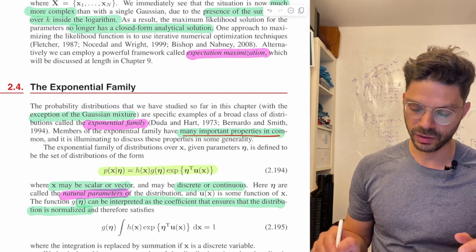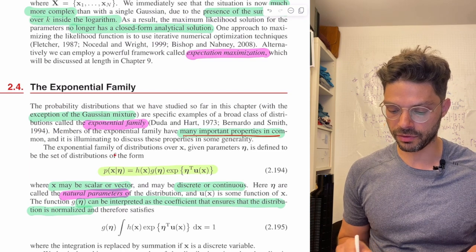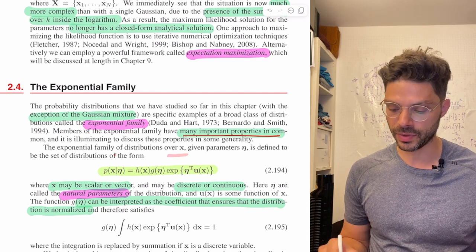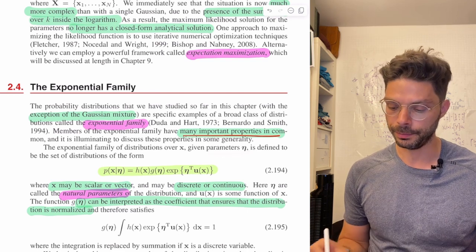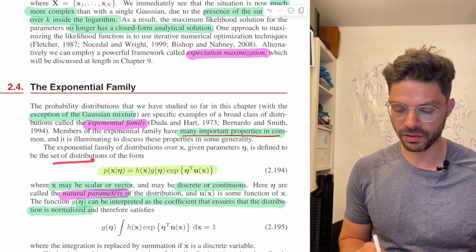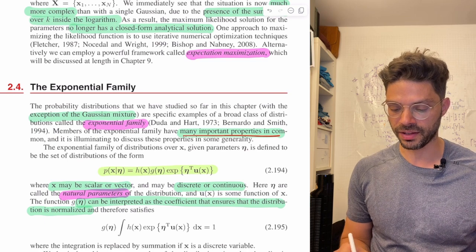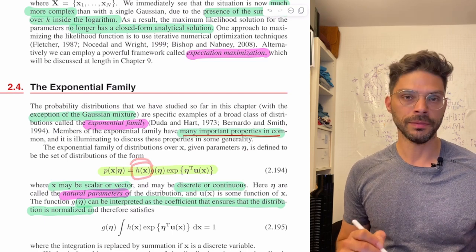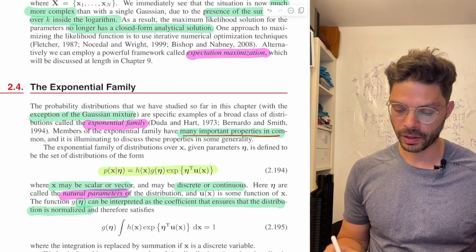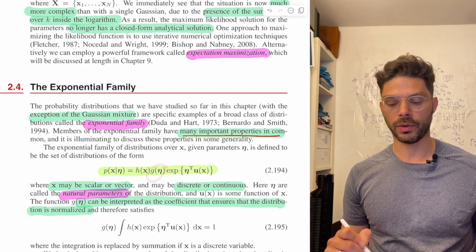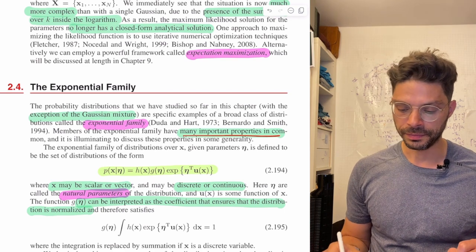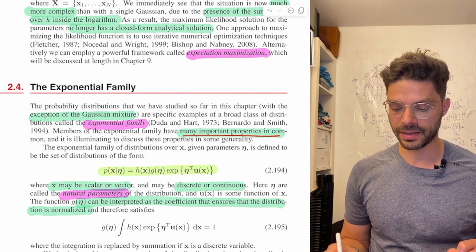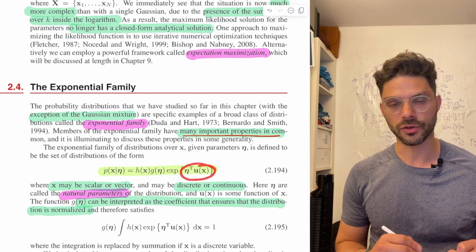Okay, but let's see what they look like. The exponential family distributions over x, so this is your data, given the parameters eta, is defined to be the set of distributions of the form. Notice there's some term that just has to do with x. There is some term out here, an important one, that has to do just with the parameters. And then the parameters and the data interact inside the exponential.